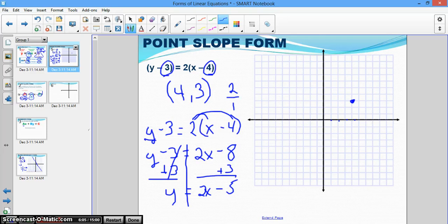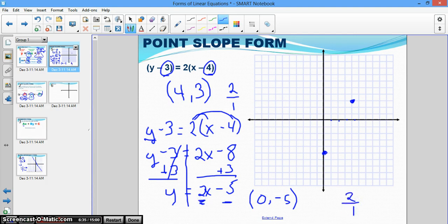Now we can graph again from this because we know the slope is 2 and the y-intercept is negative 5. So let's go to our y-intercept, which is 0, negative 5, and make our first point. All right, now we can do our slope from a rise of 2 over what? 1.